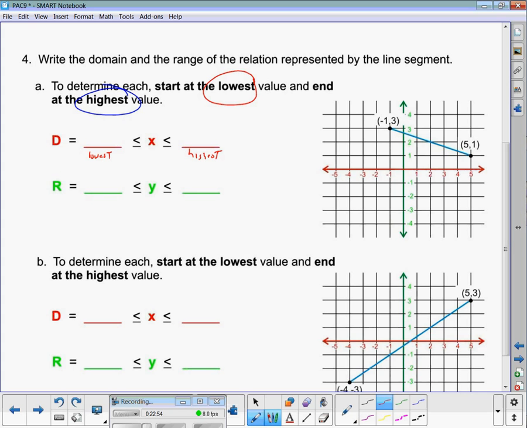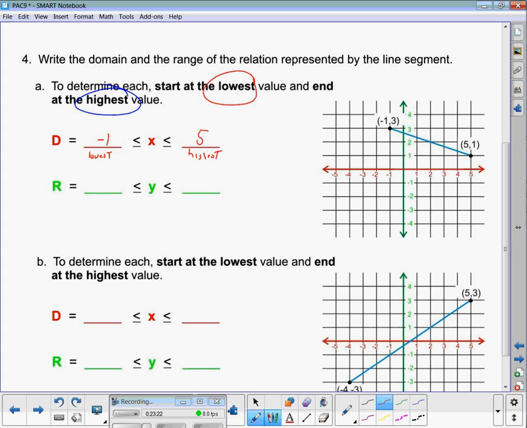Can somebody tell me the lowest numbered guy represented by this line segment? The lowest guy. Raquel? All right, Sam? -1 is indeed the lowest guy. And what is the highest guy? Josh? Guy 5 is the highest guy.